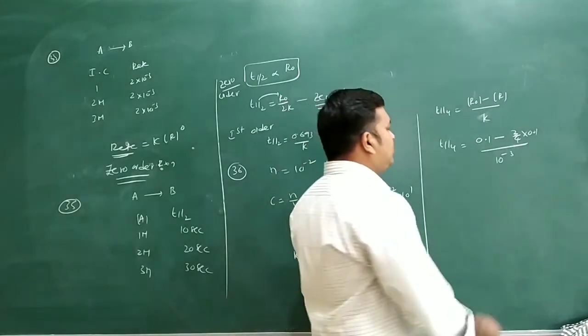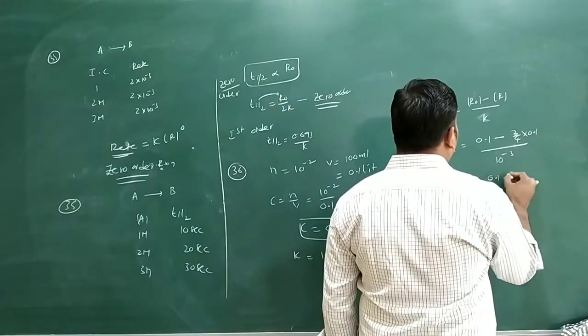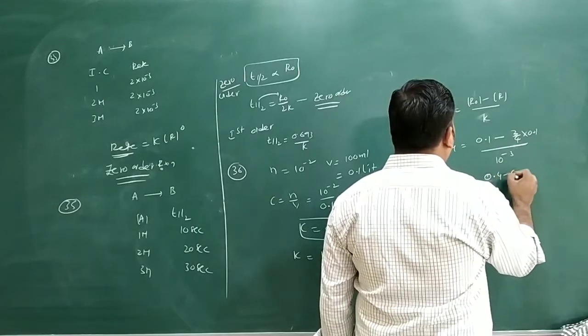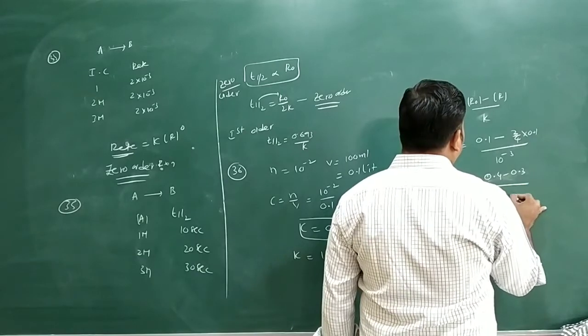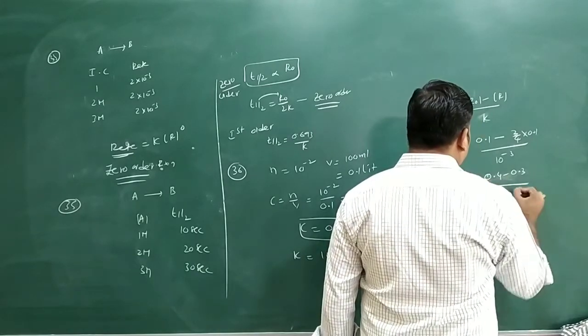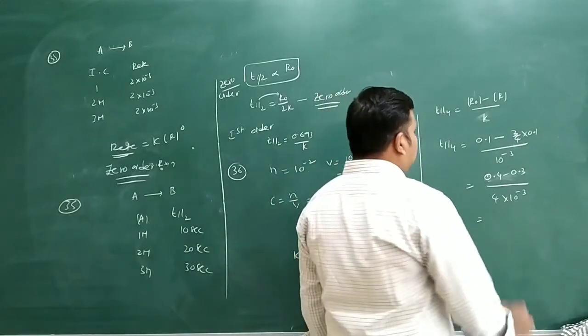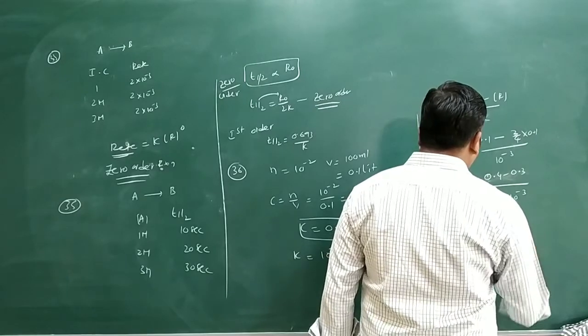So from this one, you do the LCM. This is 0.1 minus, multiplying this one, 0.4 minus 0.3, by 4 into 10 power minus 3. So then you get 0.1 by 4 into 10 power minus 3.